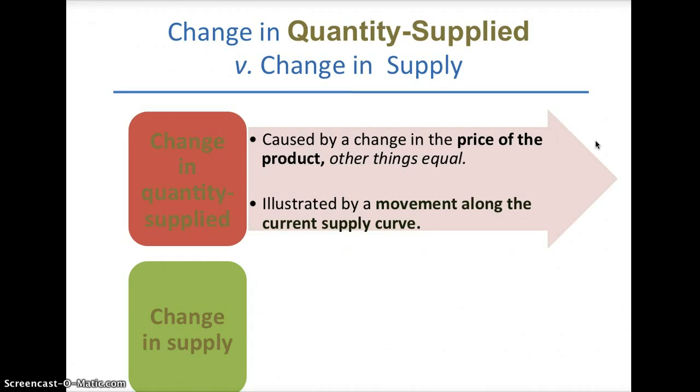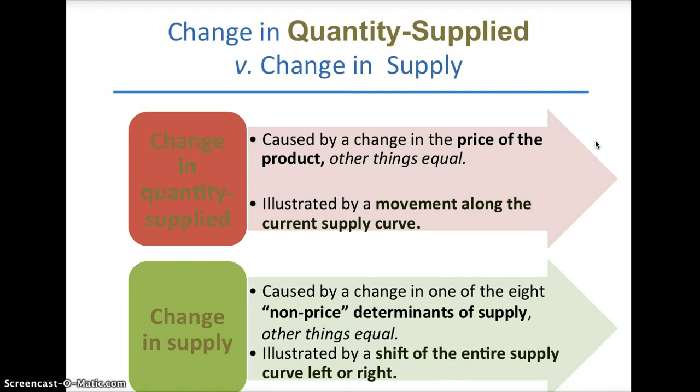This is illustrated similarly as in demand with movement along the curve, meaning you're not creating a new supply curve or new schedule. It's moving along that curve. Now, change in supply is determined by non-priced determinants, meaning something outside of prices happened to affect the supply, hence changing the price and supply.